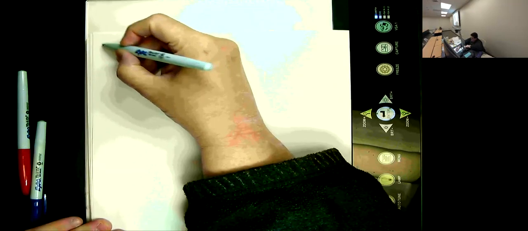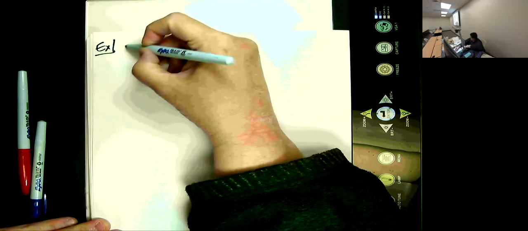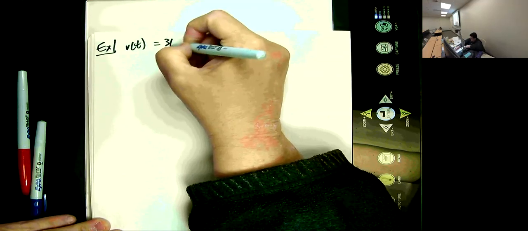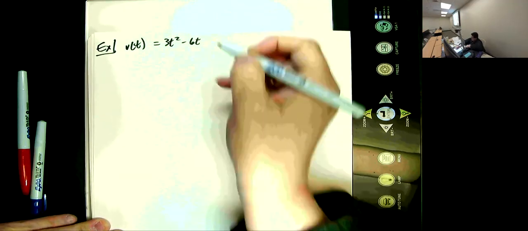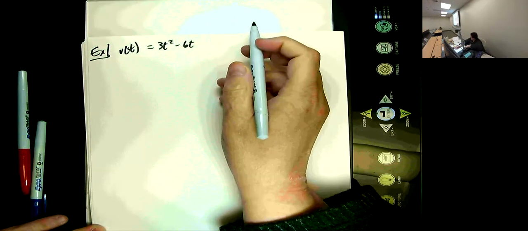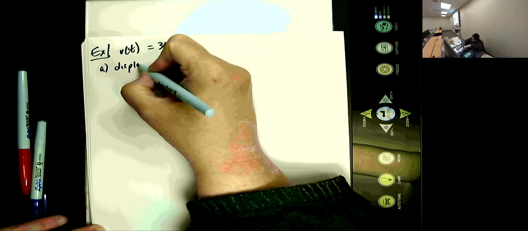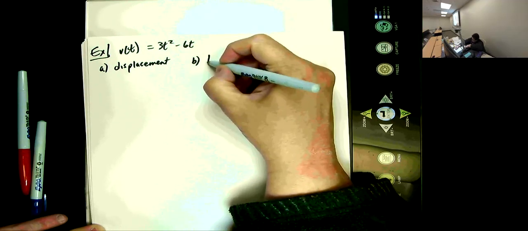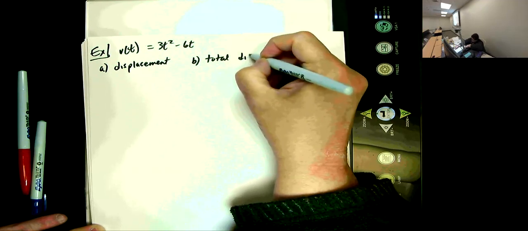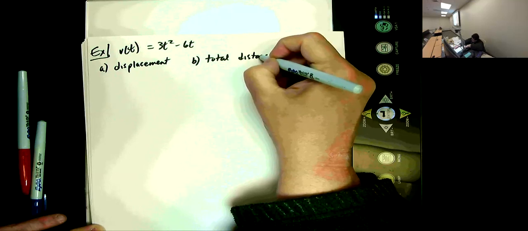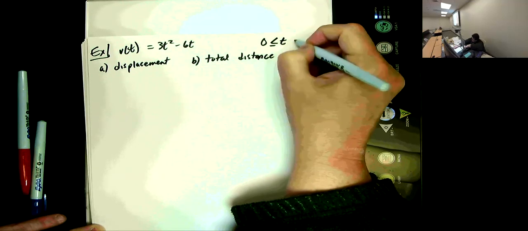So let's say our velocity function is 3t squared minus 6t. We're going to do a displacement and b total distance, on both of them 0 is less than t is less than 3.